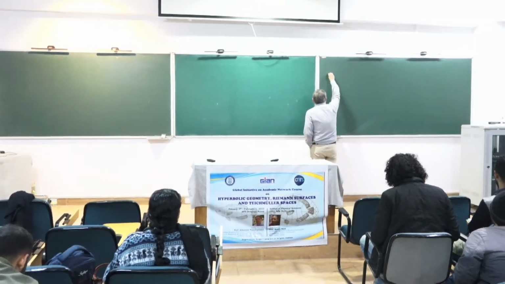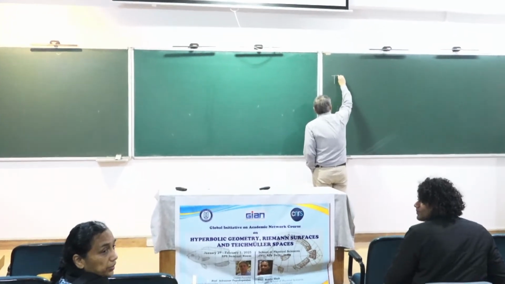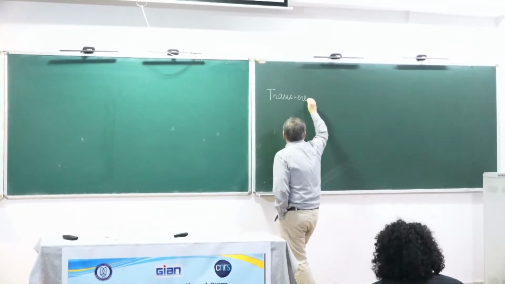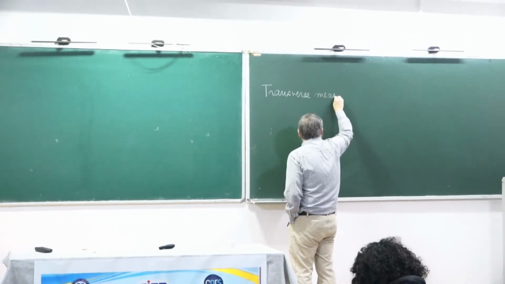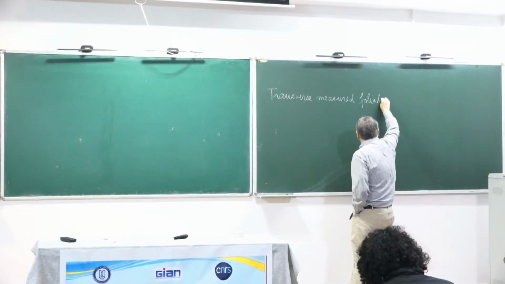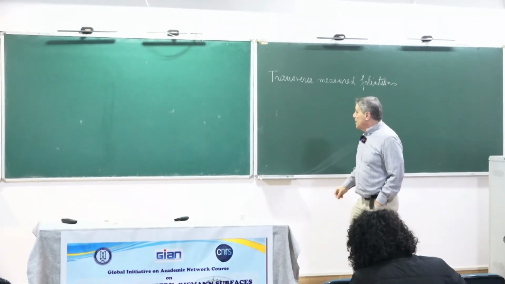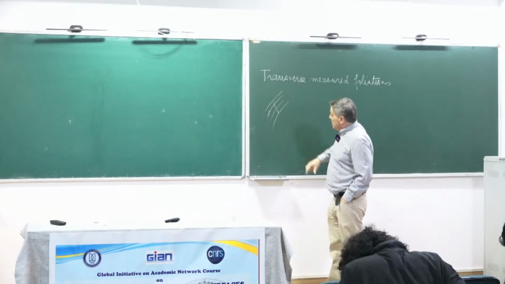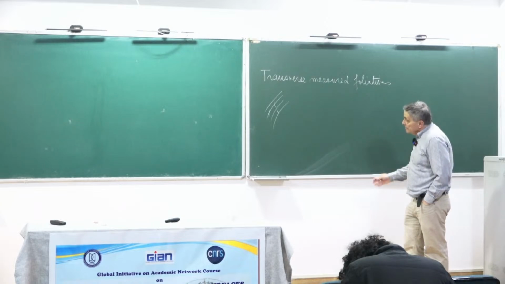One thing is about transverse measured foliations. So we know what is a measured foliation. This is a foliation, and I can measure the kind of length.